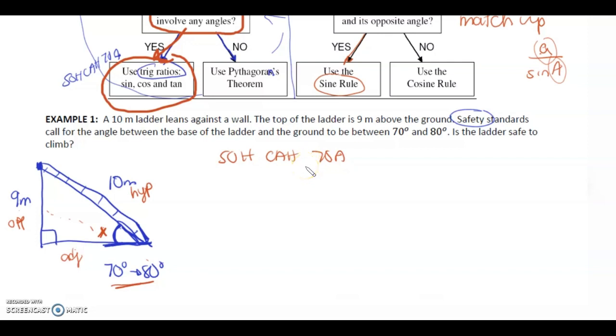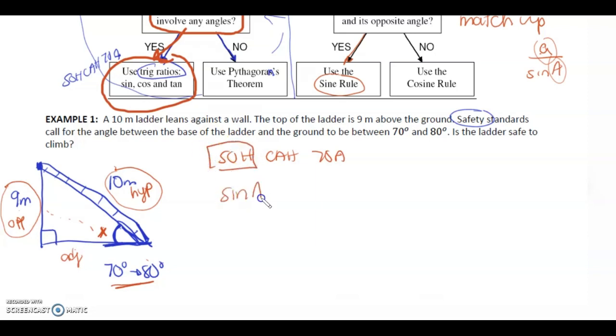So we have to decide which trig ratio we're going to use. Are we going to be using sine, cos, or tan? The two side lengths that we're dealing with are opposite and hypotenuse. So we're going to be using sine.